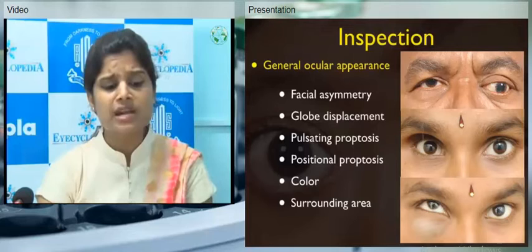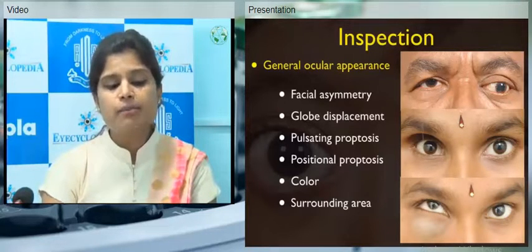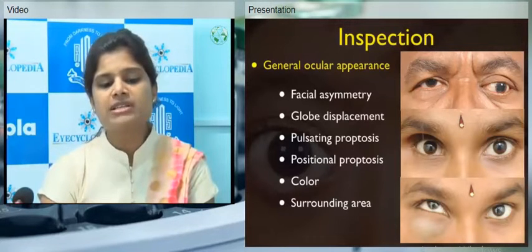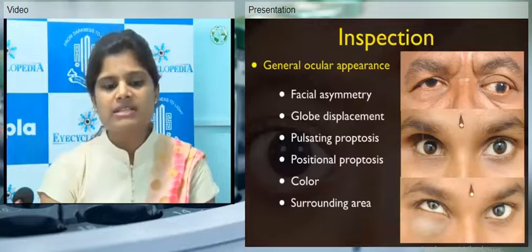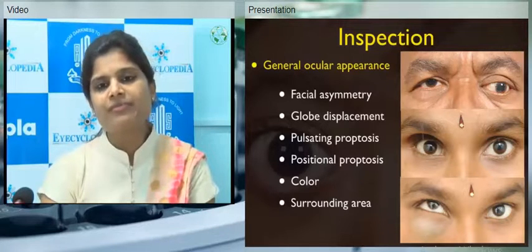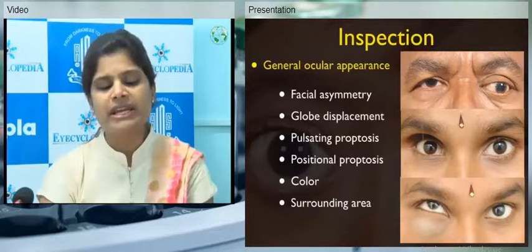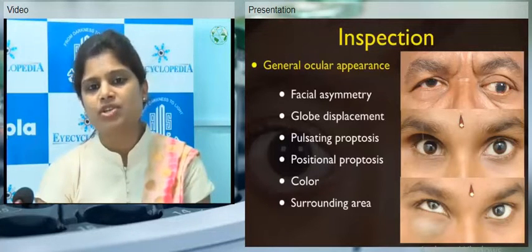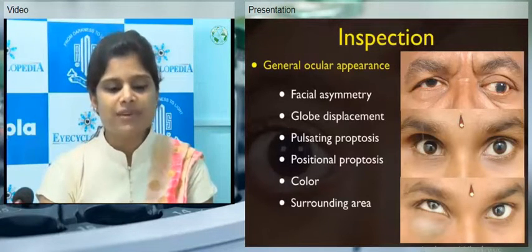Then next, looking at the surrounding area. It is again important to look at the surrounding area. If we see, for example, in the first patient, it is a very quiet eye. That means the surrounding area is absolutely normal. But sometimes there is redness of the surrounding area, which itself gives you a clue that either the patient has infection or inflammation.